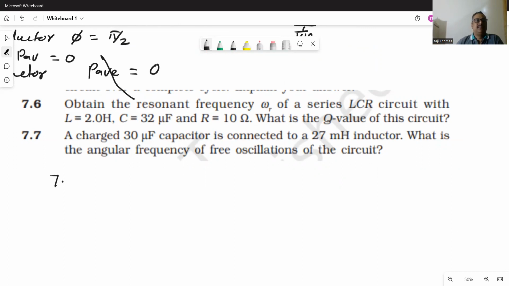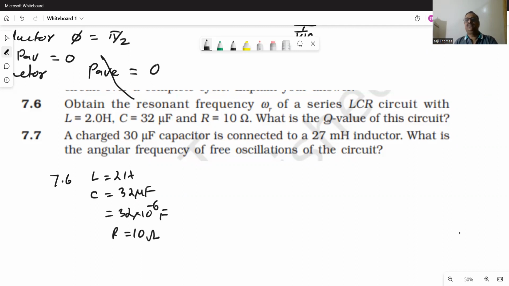Inductance is given, L is 2 henry. Capacitance 32 microfarad, 32 into 10 to the power minus 6 farad. Resistance given 10 ohm. You need to find out the resonant frequency.